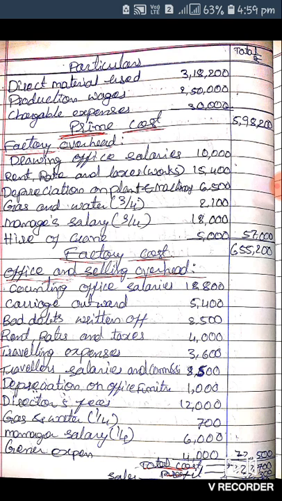Here the total for prime cost becomes 5,98,200. Now next we have to calculate the factory overhead, which is also called works overhead. That means these are expenses incurred in factory operation, and these are related to the factory.